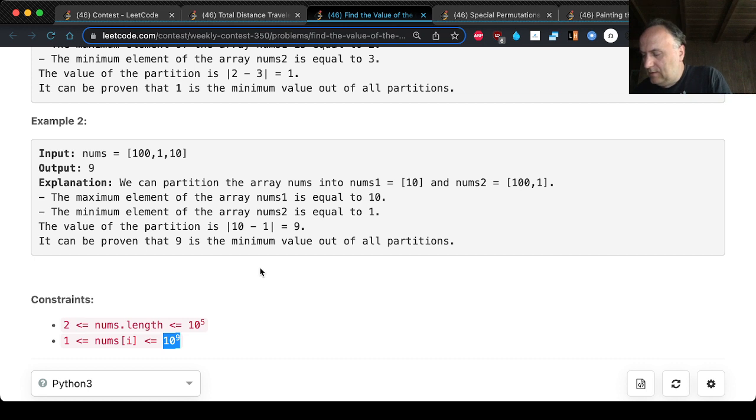100,000. So if I calculate it for, it's like range query problem maybe.